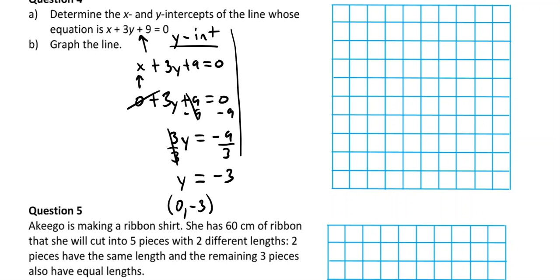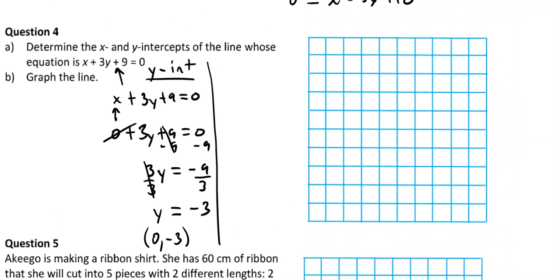I wrote that in a really awkward place, so now I'm going to be squished. Let's do it again now. So now we're going to look for the x-intercept. For the x-intercept, something's going to be equal to 0 again. The y is going to be 0, right?